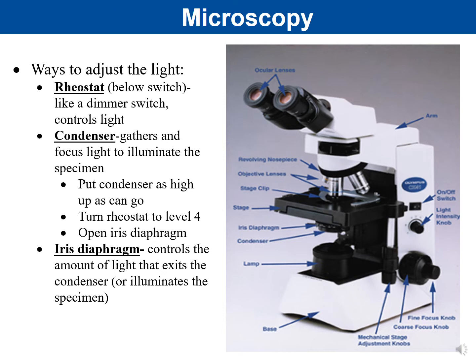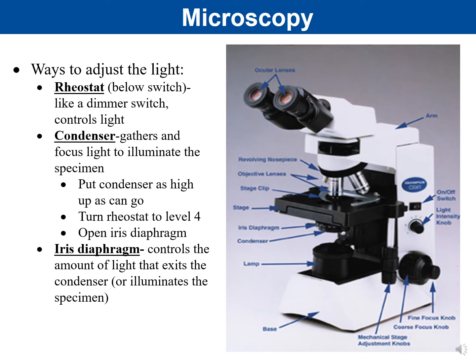The iris diaphragm is like closing or opening the lens. So if we close the iris diaphragm, it's going to let less light out of the condenser. If we open the iris diaphragm, it's going to allow more light through. And so if we go up in magnification and it begins to get darker, then that means that we're going to use the iris diaphragm. We're going to open it to allow more light in.